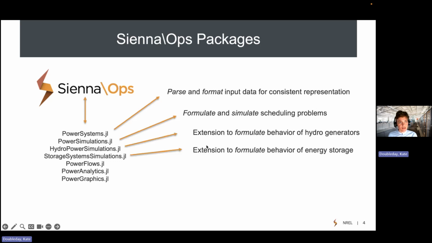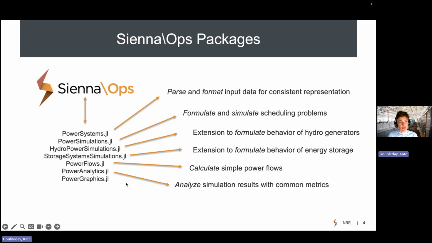There are 2 extensions to PowerSimulations focused on extending the formulations available for hydro generators and energy storage systems. PowerFlows, like it sounds, is a package to calculate simple power flow problems. PowerAnalytics is a post-processing package, so this can help to analyze simulation results using common metrics. And PowerGraphics can be used to visualize data inputs and key results. So PowerSimulations and its relationship with PowerSystems is really the main focus for this introductory video.